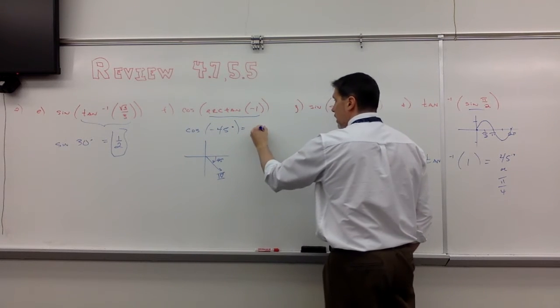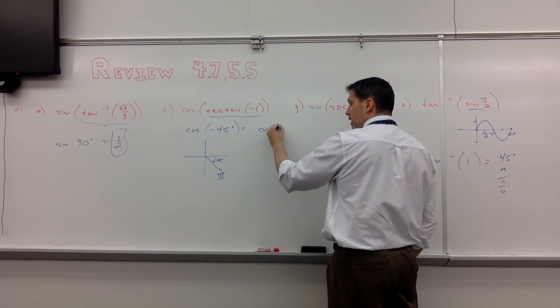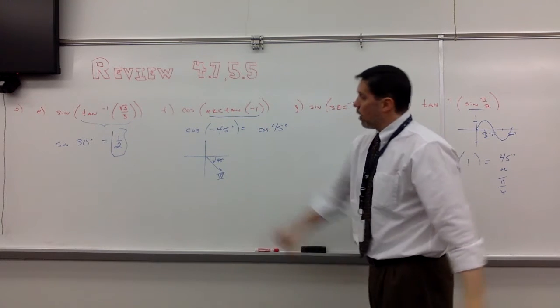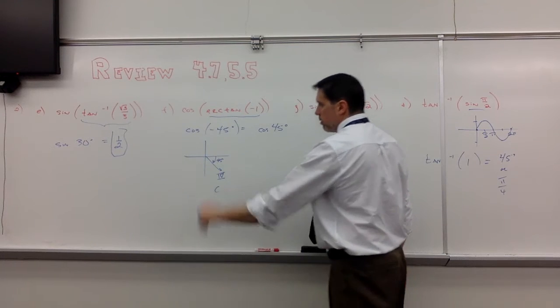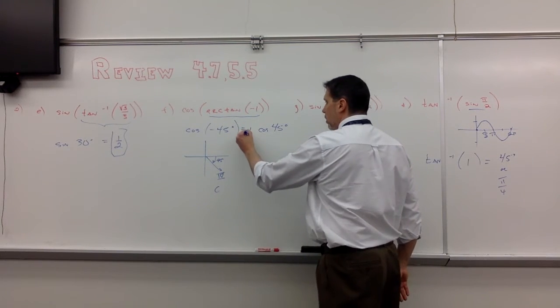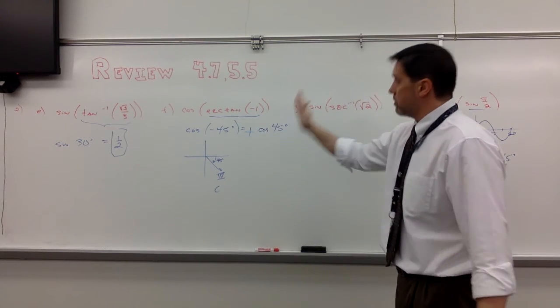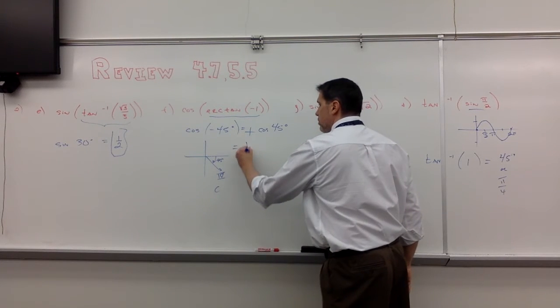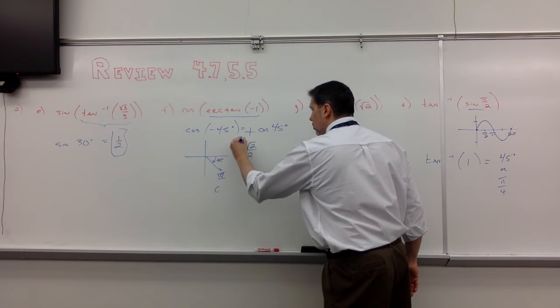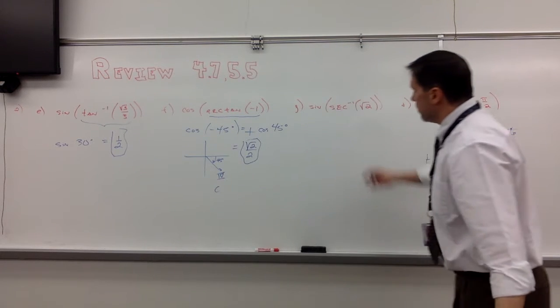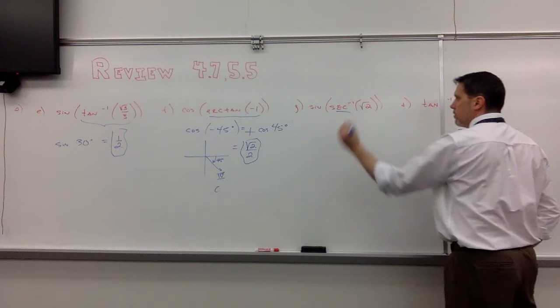So cosine of negative 45 is no different than the cosine of 45, except for the fact you're in quadrant 4. But remember, cosine is positive in quadrant 4. So cosine of negative 45 is the same thing as the cosine of 45, which is the square root of 2 over 2.